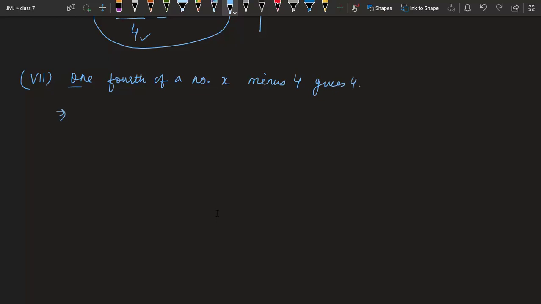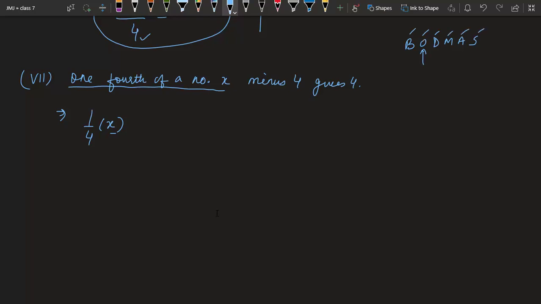So again, the first process is to find this 1/4 of a number x. It's very simple. 1/4 of a number x means 1/4 of x, because in BODMAS we have seen this of is this one, bracket of division, multiplication, addition, subtraction.